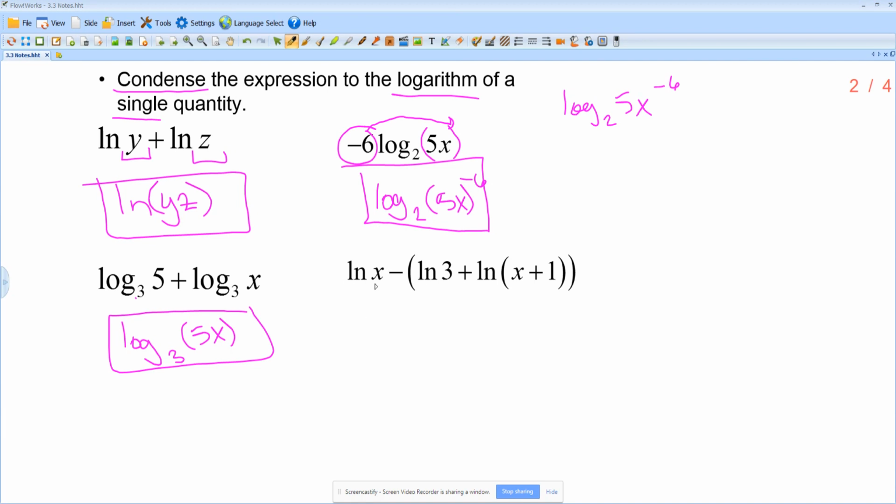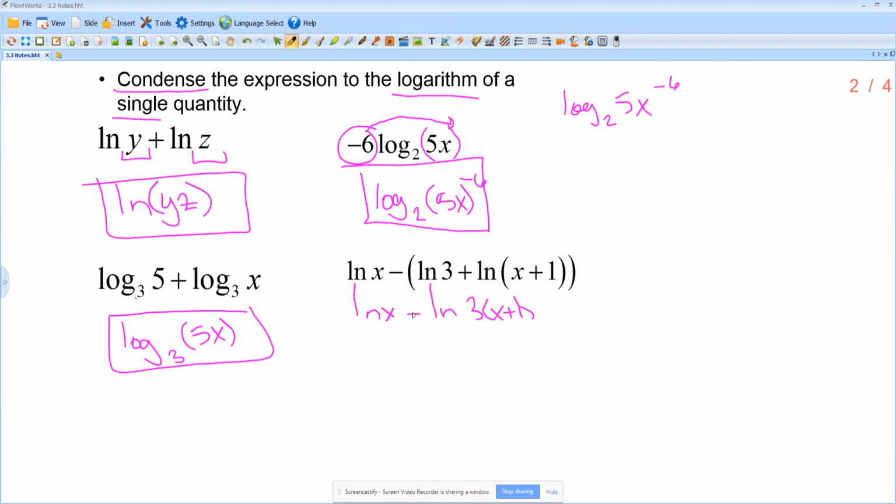And then a fun one, the natural log of x minus the natural log of 3 plus the natural log of x plus 1. So first, I'm going to start on my inner parentheses over here. I can't do anything to this, x plus 1. Cool, great. I don't know what x is. So over here, I have addition between logarithms. Addition between logarithms can be rewritten as multiplication. So this is the natural log of 3 times x plus 1.